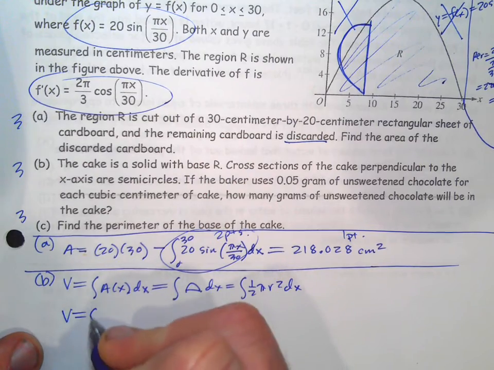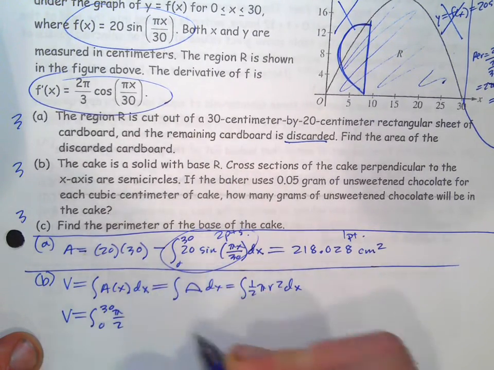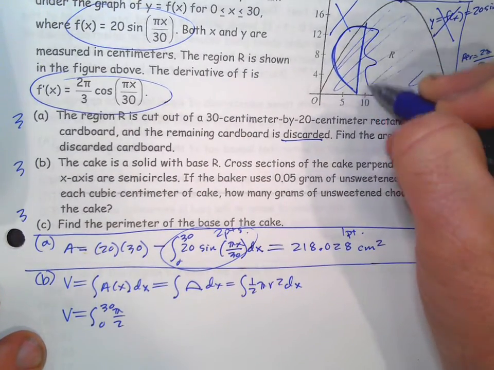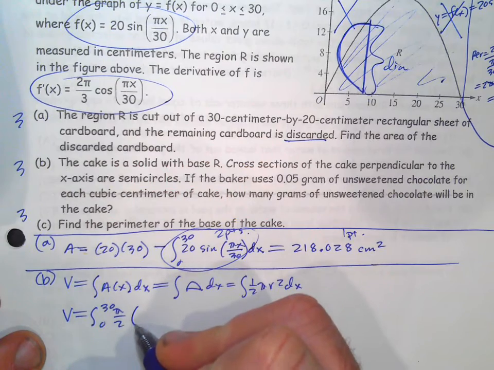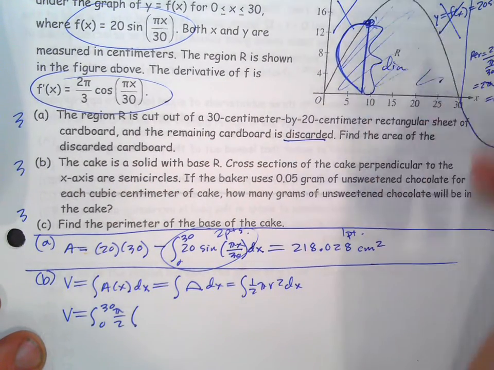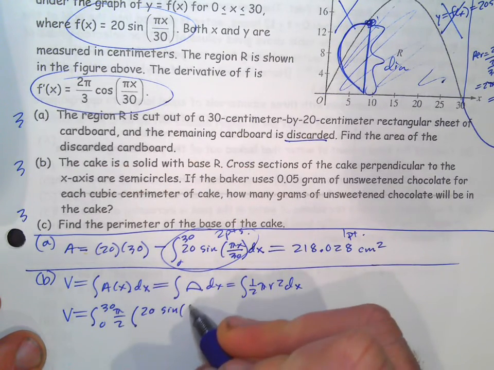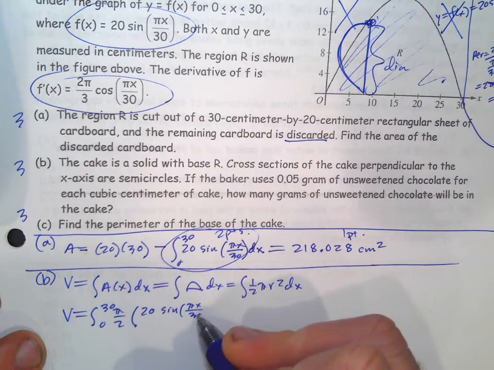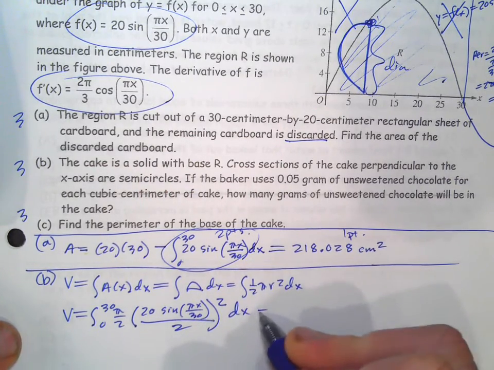Our limits are going to be 0 to 30, pi over 2. This is the diameter, which is y top minus y bottom. Y bottom is just 0, so it's really just the y coordinate of this curve, right? So it's going to be 20 sine(pi x over 30), all divided by 2, squared. So that's our setup.